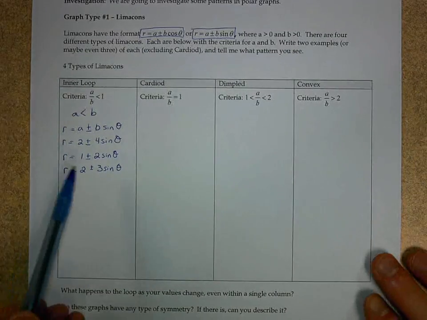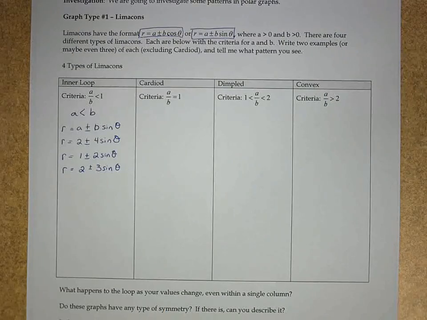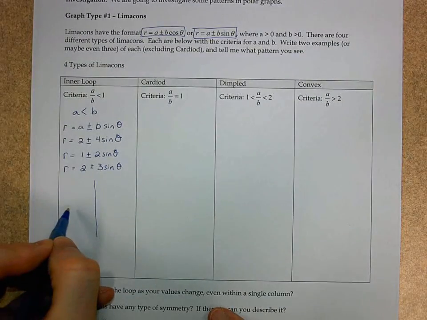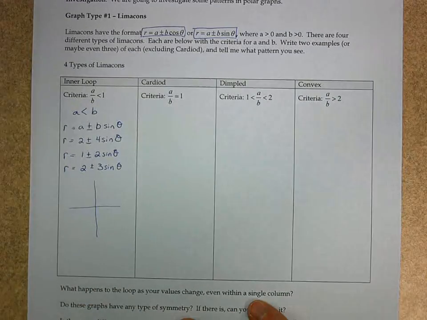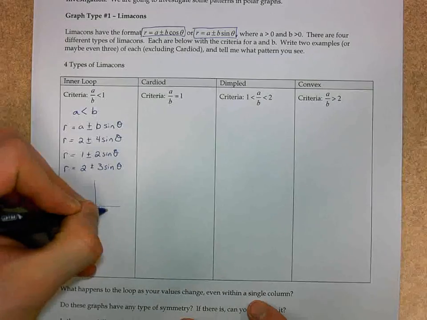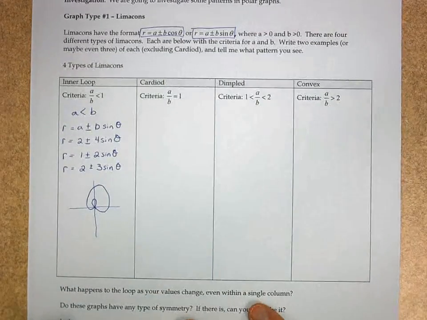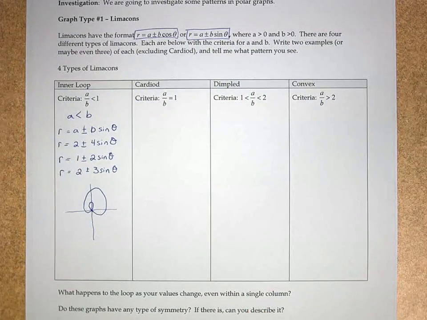But once again, a is going to be 2, b is going to be 3, so that's 2/3. And depending on what values you use, you're going to see an inner loop form. And what I mean by an inner loop is something like this is going to form. That guy right there is the inner loop.